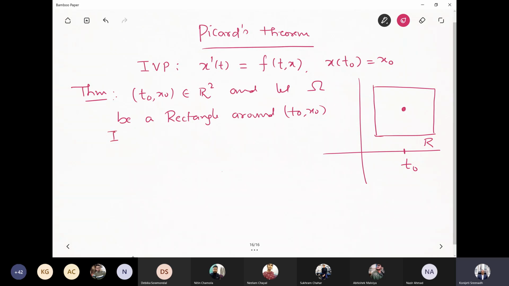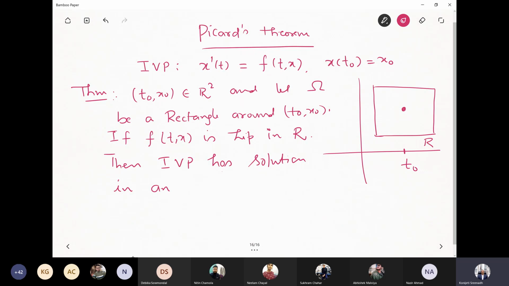So if f is Lipschitz in R, then the initial value problem has a solution in an interval around t naught.